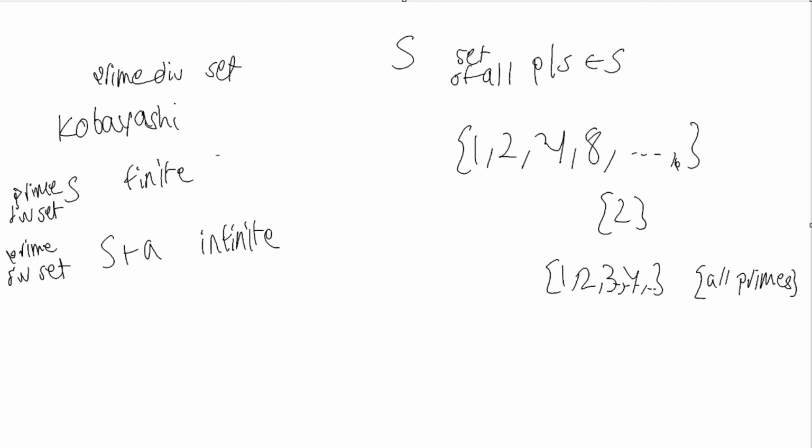And this has some profound consequences. For instance, over here, if we have 1 plus 1, 2 plus 1, 4 plus 1, 8 plus 1, and so on and so forth, Kobayashi's theorem basically guarantees that infinitely many primes divide some number in this set. So that's Kobayashi's theorem. So now let's take a look at our next sledgehammer, which is Zsigmondy's theorem.